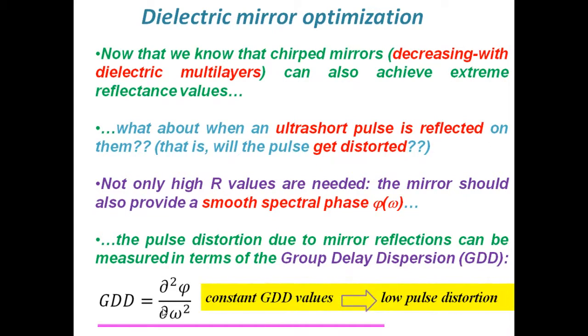So with constant GDD values, we obtain low pulse distortion. So remember, the mirror needs to have smooth spectral phases. The GDD is a parameter to quantify whether we distort a pulse or not.